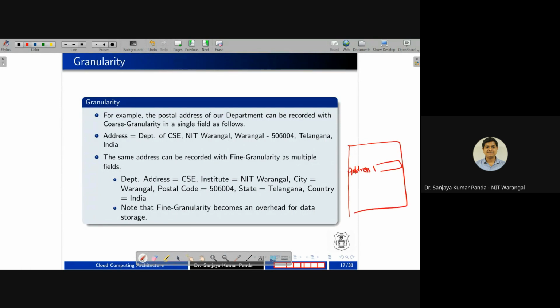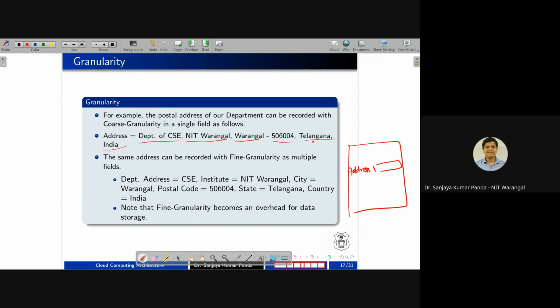In that text box, I am writing, let's say, Department of CSE, NIT Warangal, Warangal pin code, state name, and our country name, right? So all these things are a larger subcomponent. Although these also have different types of subcomponents, it is a larger subcomponent, right?